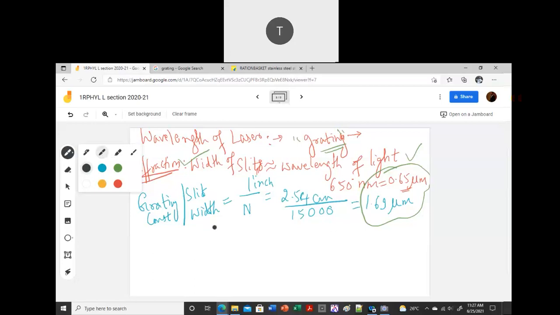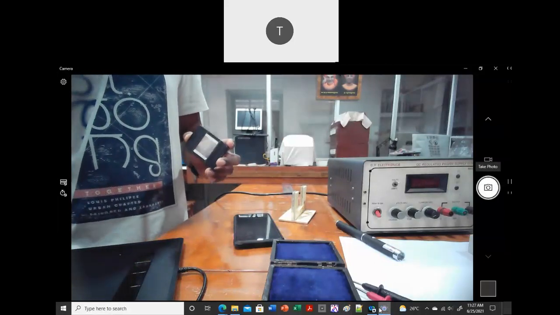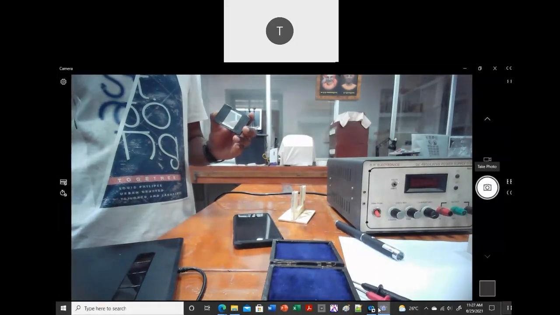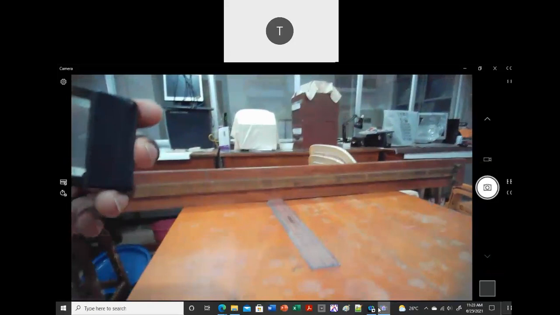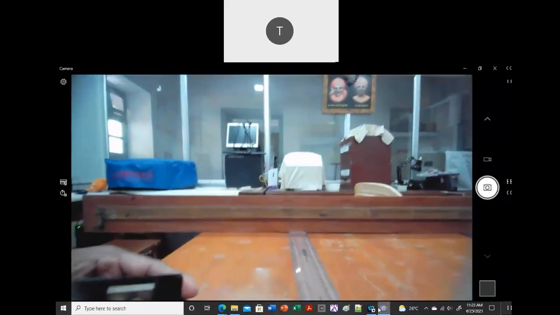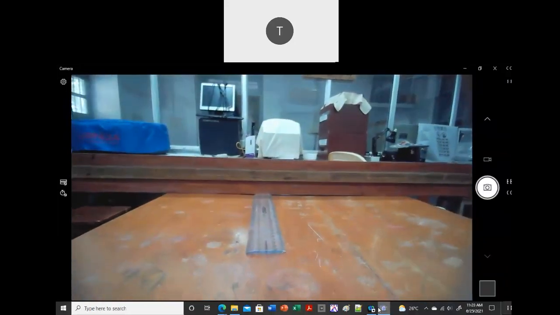For this experiment, we are going to use this meter bridge. This will act as a screen.